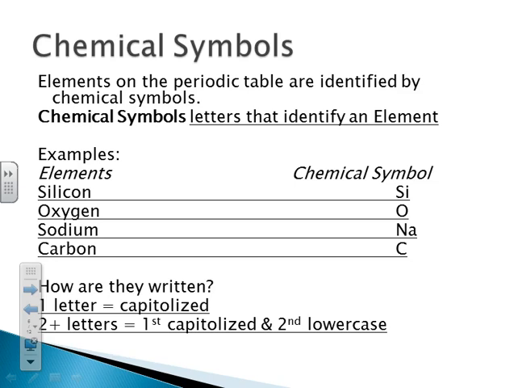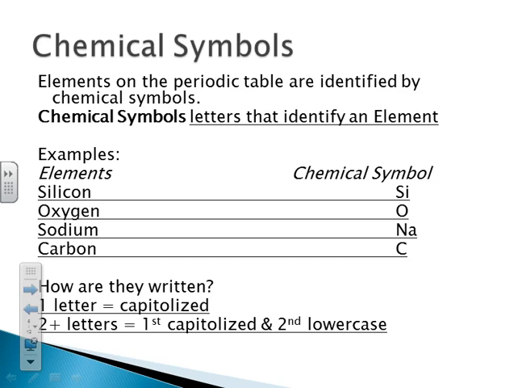If there is one letter in the chemical symbol, like oxygen or carbon, that letter is capitalized. So the chemical symbol for oxygen is capital O. If you write it as a lowercase o, it's wrong. The symbol for oxygen is a capital O. The symbol for carbon is a capital C.